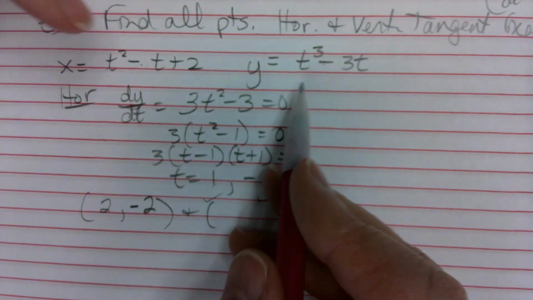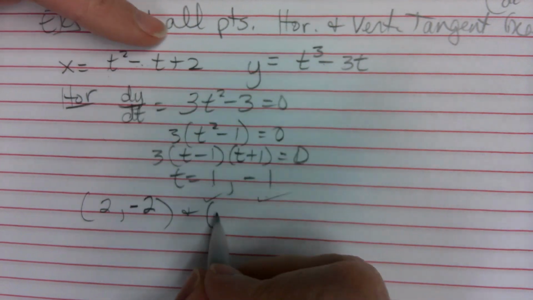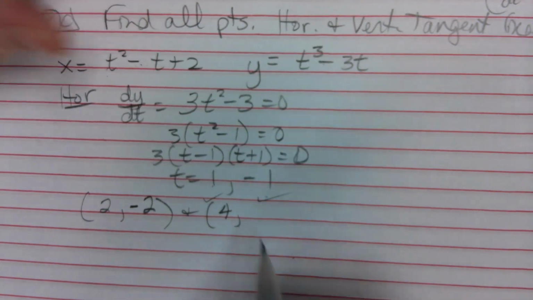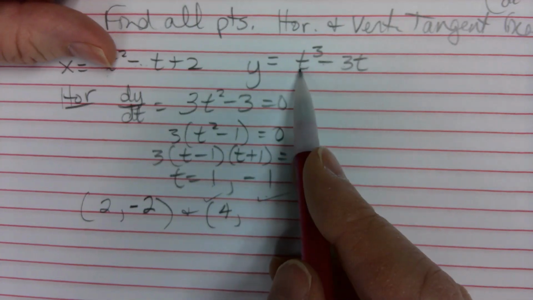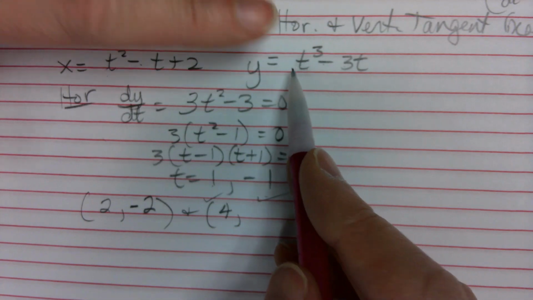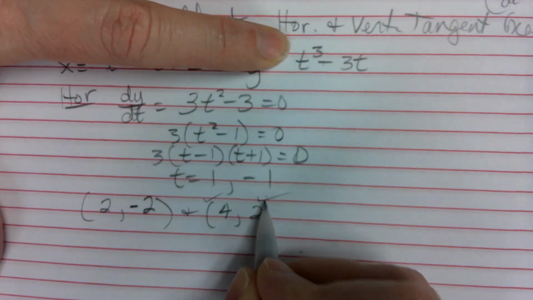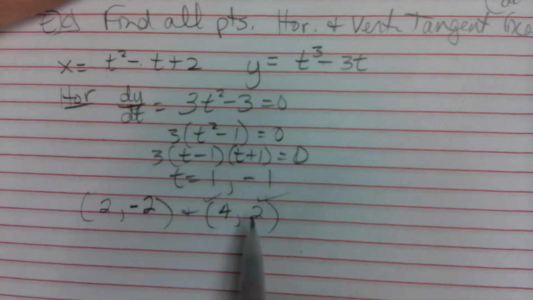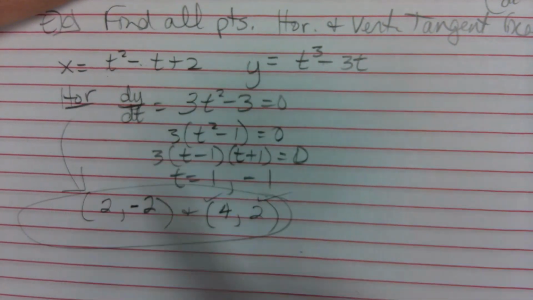The second point, the x value is 4, 1 plus 1 plus 2. Negative 1 minus a negative would be plus, negative 1 plus 3 is 2. So those are the places where we have a horizontal tangent.